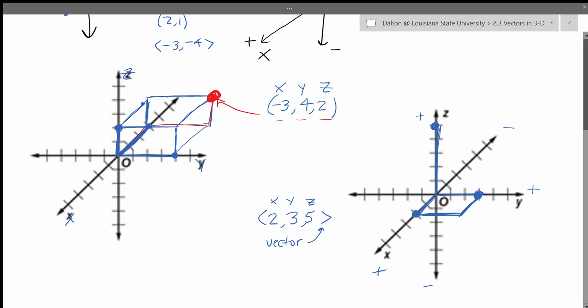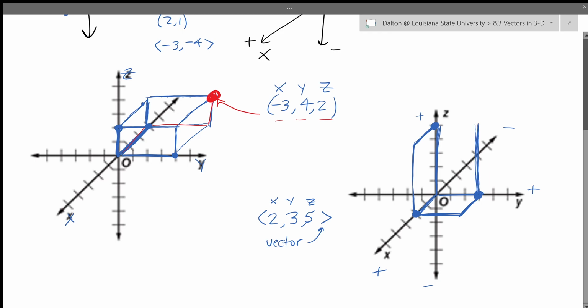It doesn't really matter which one you draw first. I'm going to draw this one over here to the left first. And then the other face should be pretty easy, the one between the z and the y-axis, because that one's two-dimensional.